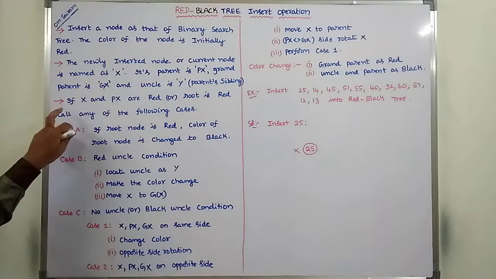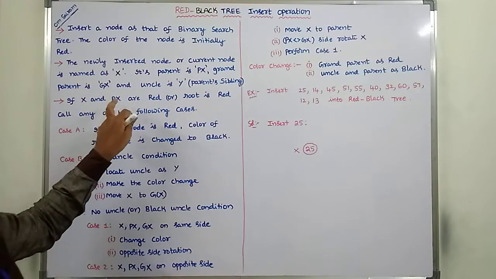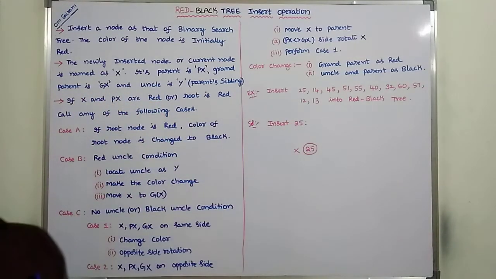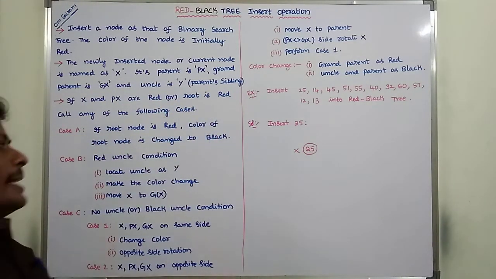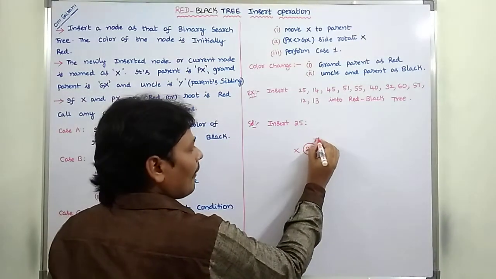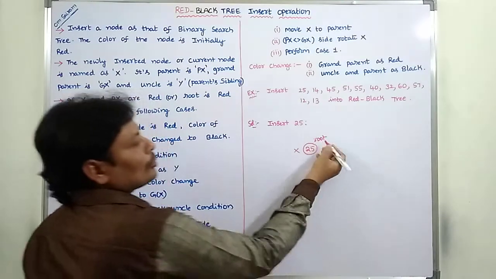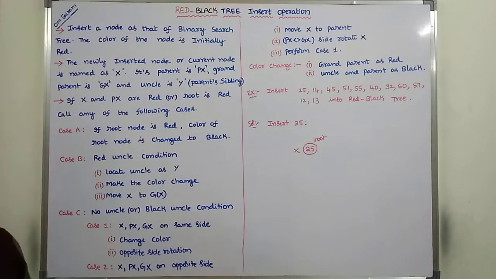Next, if X and Px are red, here X is there but Px is not there. Px is nothing but the parent. OR root is red. Yes, this condition is true. The root is red, since this node is already the root node. So we call any of the following cases.